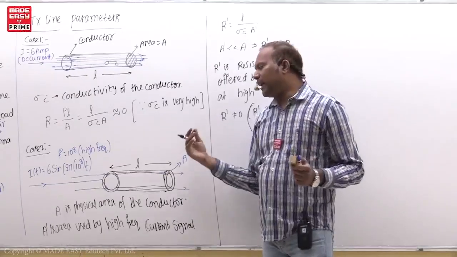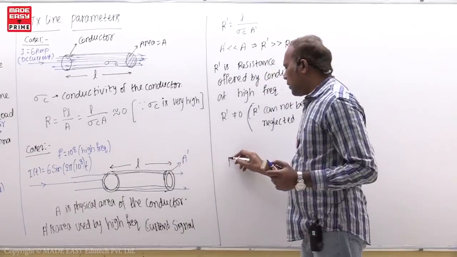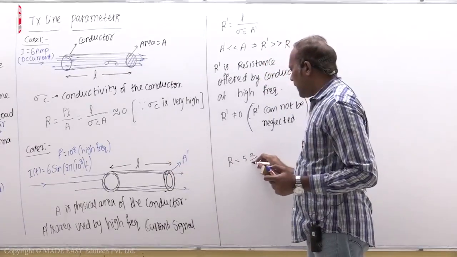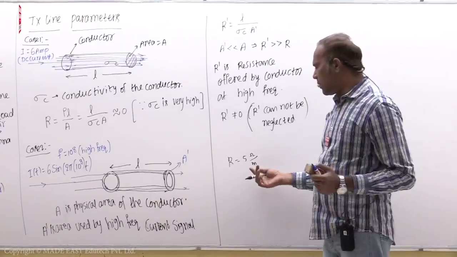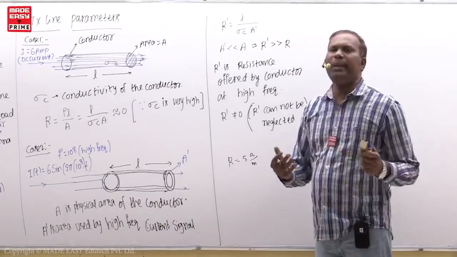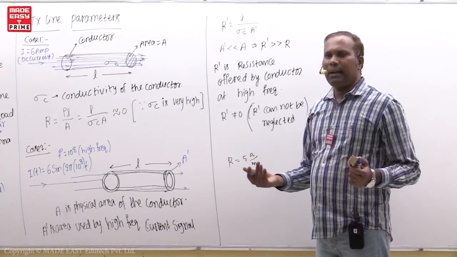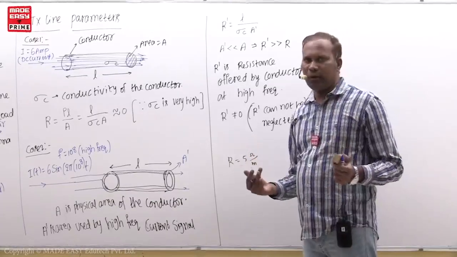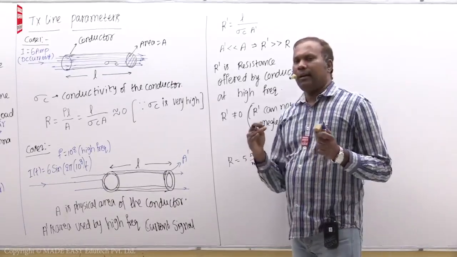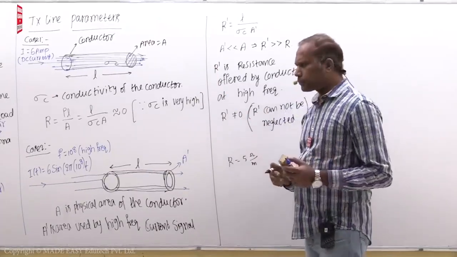If you calculate per meter length, for example resistance equal to 5 ohm per meter, then for 10 meters you multiply by 10. That is more meaningful. If some other person uses an 11 meter transmission line, the resistance is 5 into 11. That is why transmission line parameters are calculated per meter length.